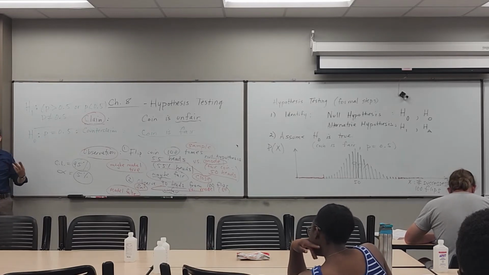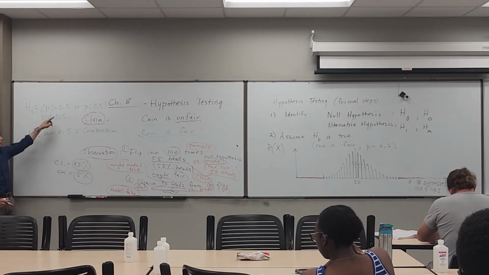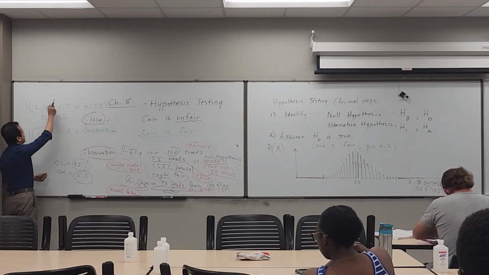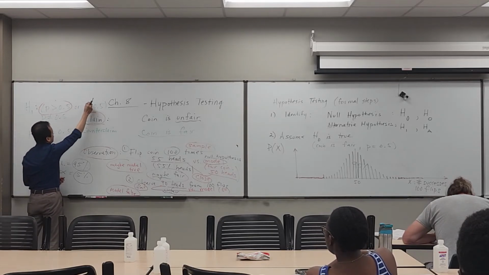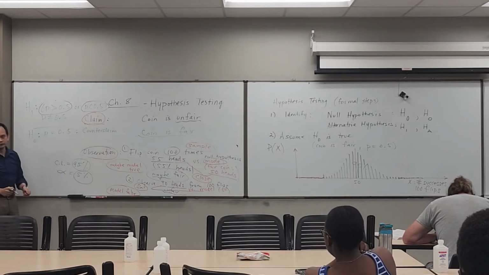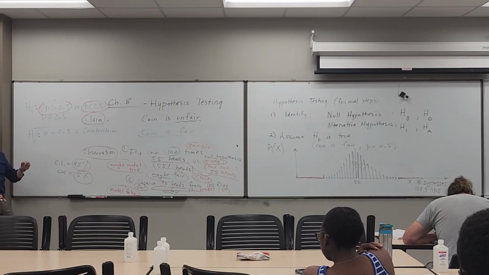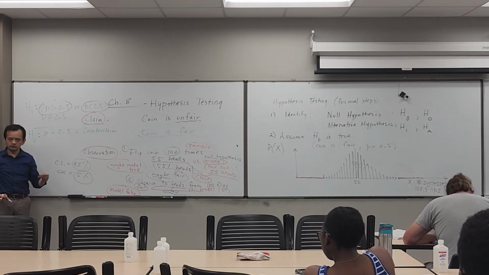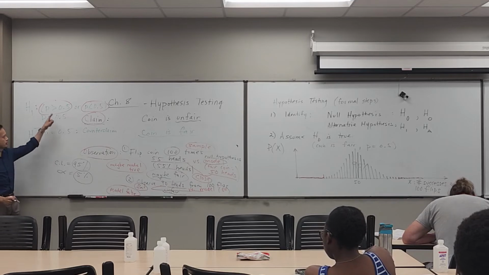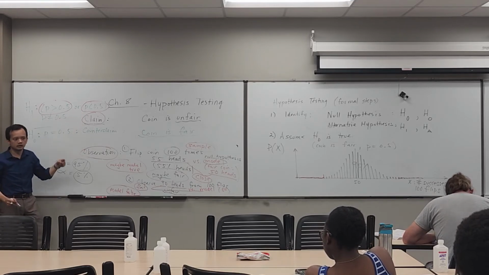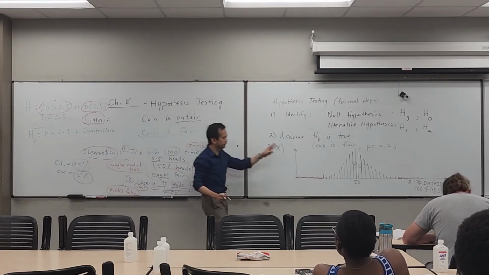So you look at the number of inequalities. There's actually two inequalities here: P is greater than 0.5 or P is less than 0.5. So the number of inequalities tells you the number of tails. In this case, you have two inequalities, so you have two tails. So two tails means there's one on the left and one on the right.